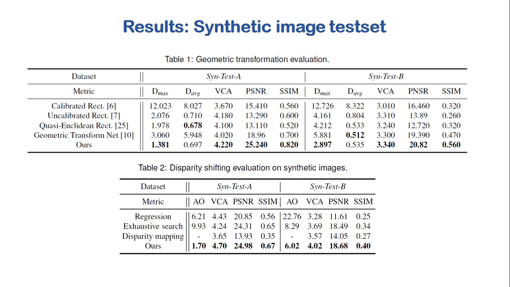In Table 1, we compare against image rectification methods, including a deep learning-based method. In Table 2, we compare with regression, exhaustive search, and disparity mapping methods. For all the results, our approach generally outperforms others in most metrics.